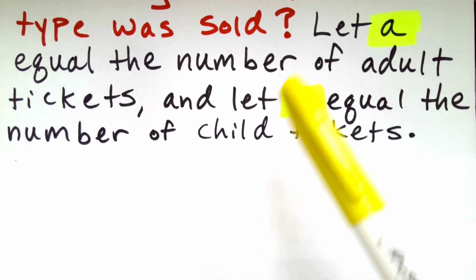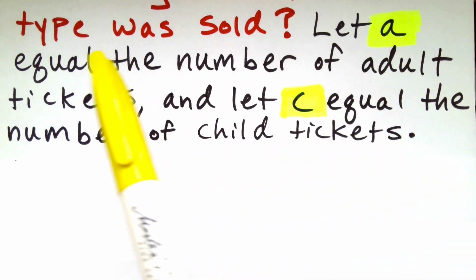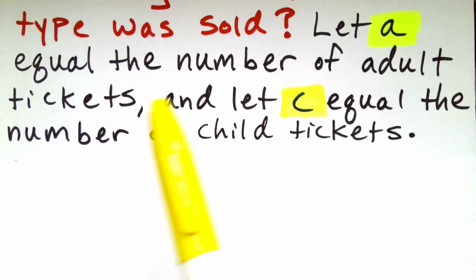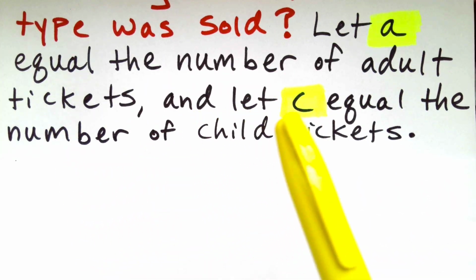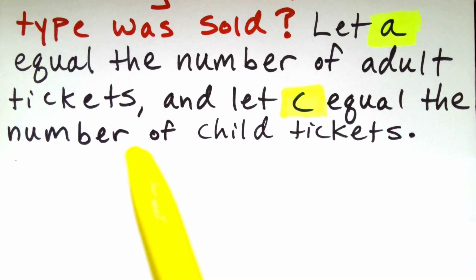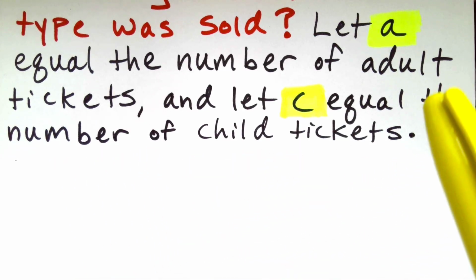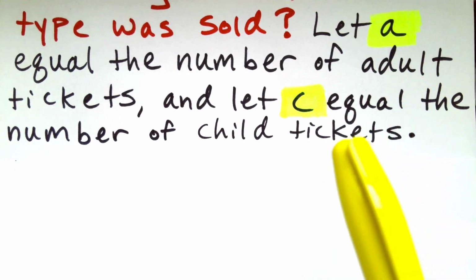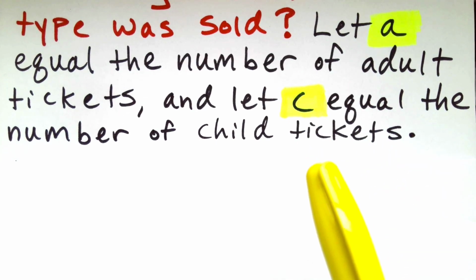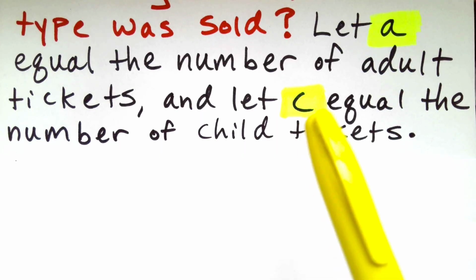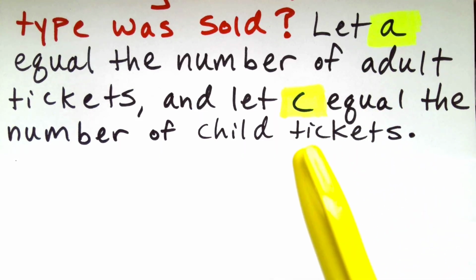All right, so let A equal the number of adult tickets. Let C equal the number of child tickets. Highlighted is A representing a variable. Highlighted is C representing a variable, right? If you don't know, a variable is a real number.